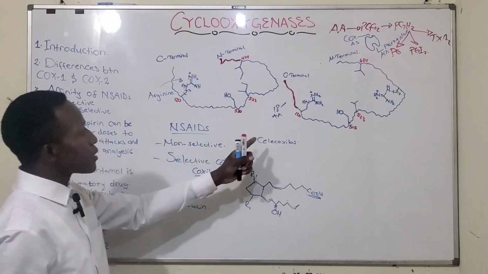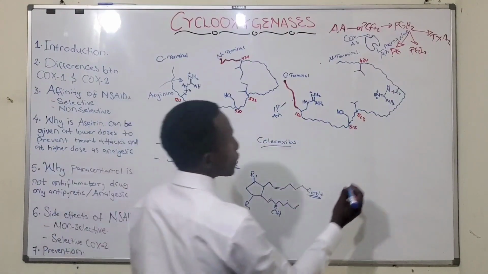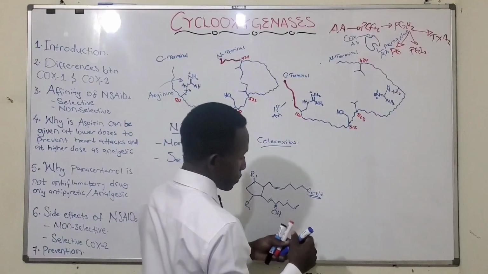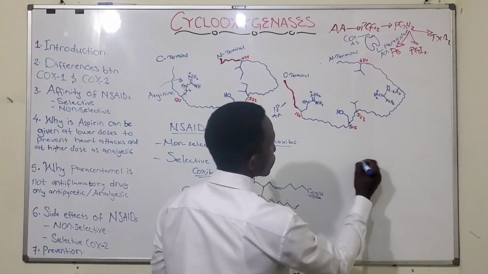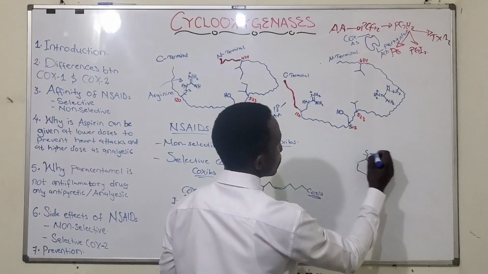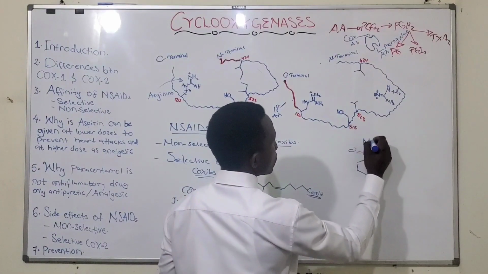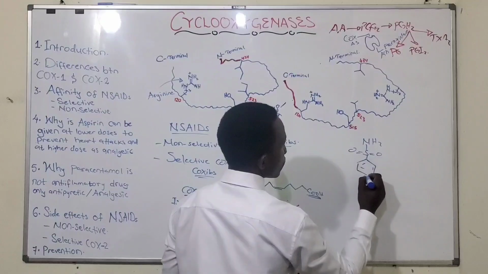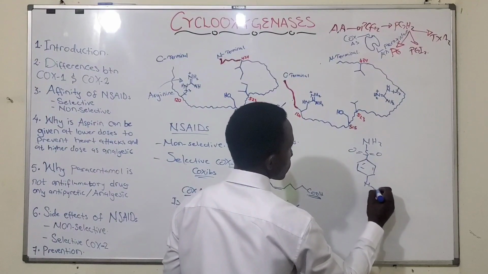Now, for the NSAIDs, for celecoxib, for example, we have this structure.